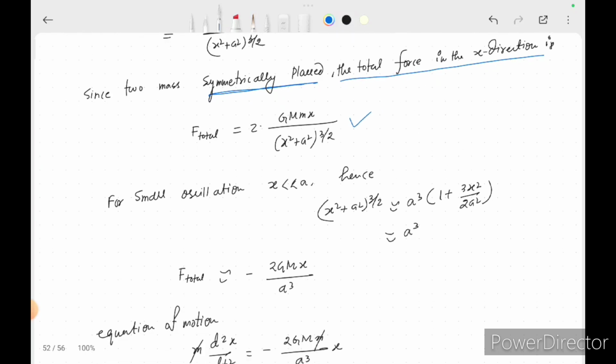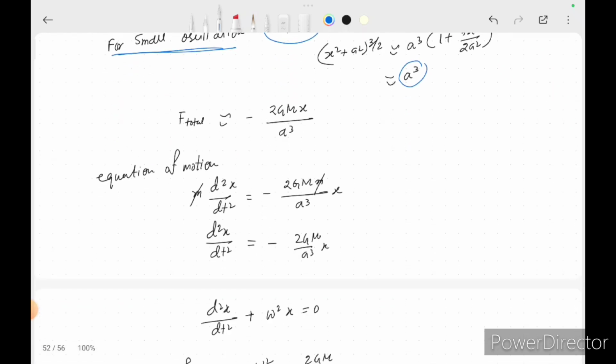Now for small oscillation we apply the approximation x very much less than a. The denominator term, x square plus a square whole to the power 3 by 2, is equal to a cube times 1 plus 3x square upon a square, but here a is very large compared to x, so this term is negligible. We get this equal to a cube.